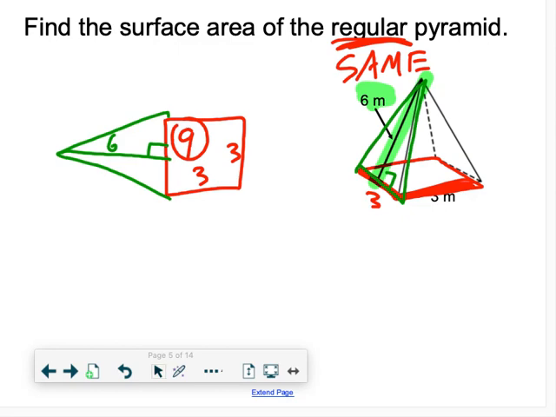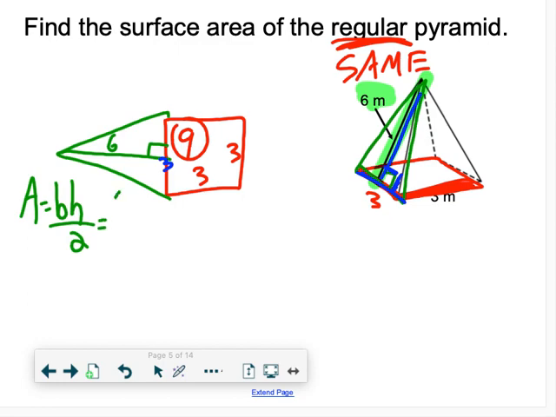And then for a triangle, we need to know not only the height, that lateral height, which is being touched on this side, we need the base of the triangle down here, and that happens to be 3 as well. Since it's a triangle, this one time in your notes, you must do it. Please put down A equals BH divided by 2. Remember again, a triangle you must cut in half.